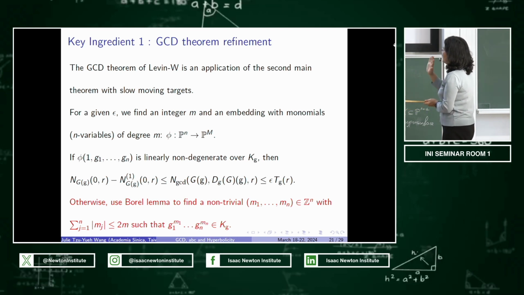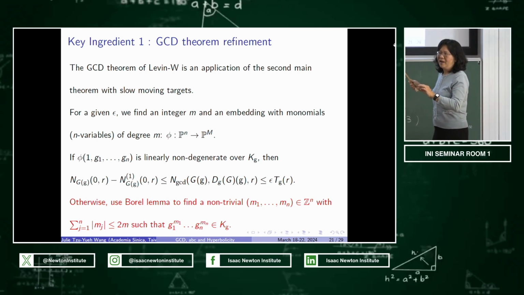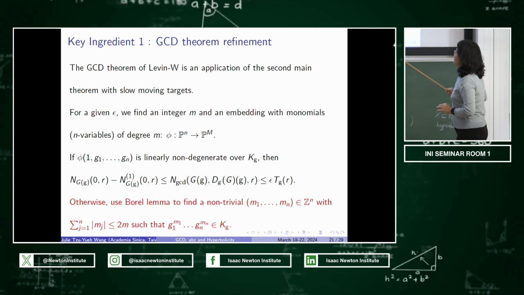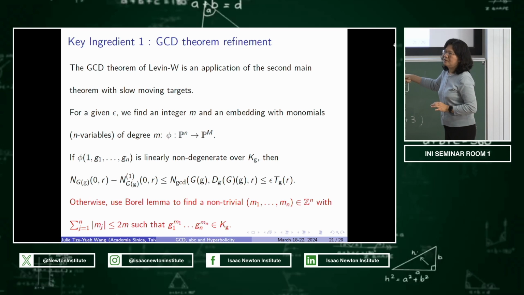But over here, what is controlled? Remember, we give an epsilon, and then we find the embedding, and this part is universal for every map. So in other words, this M is controlled.